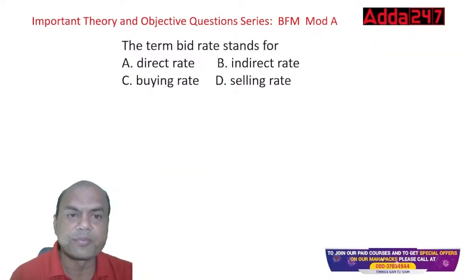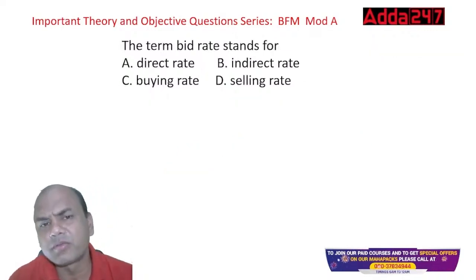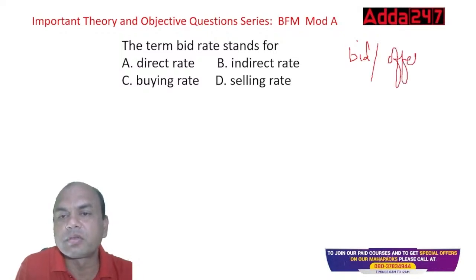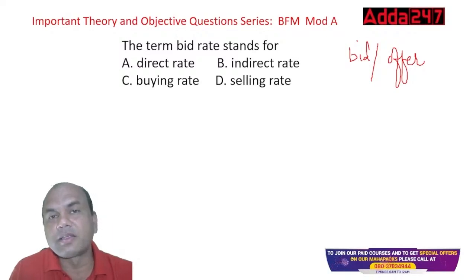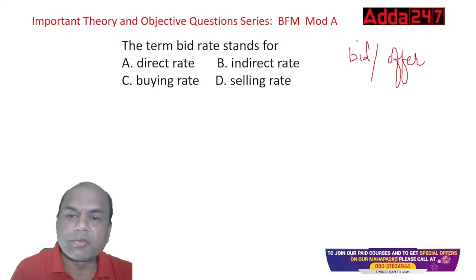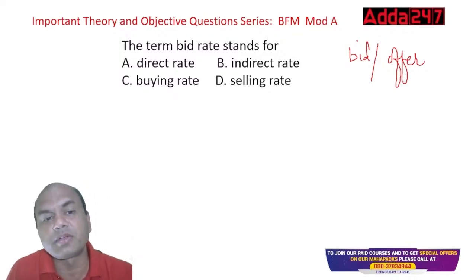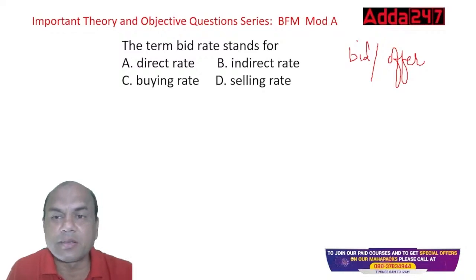The term bid rate stands for, bid means what? We have this bid and offer, right? Bid means your bid, and second is offer. Always remember, bid is equal to, let me see in the comment section.